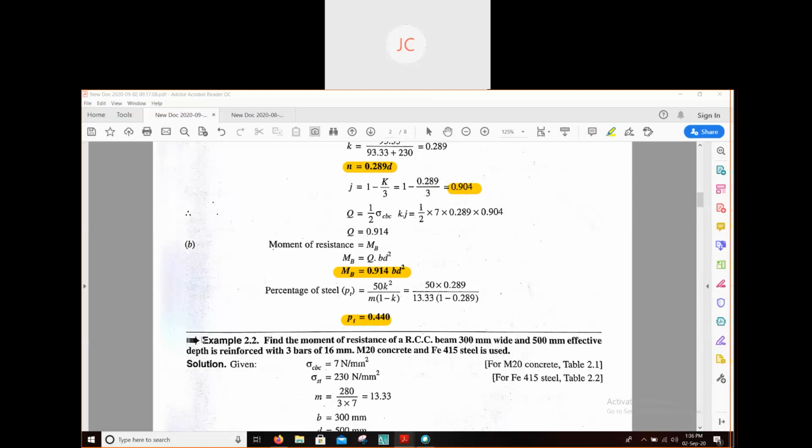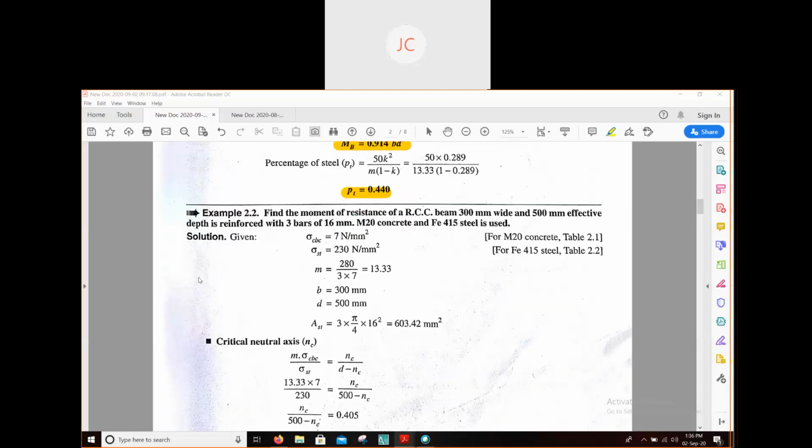Okay, now see the next numerical, how they have done it. It will be better if you write the question and try to solve it by yourself, at least the first part. See the numerical, read the question. What we have to find out, read the question.